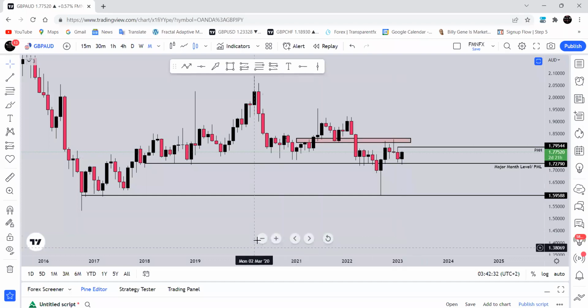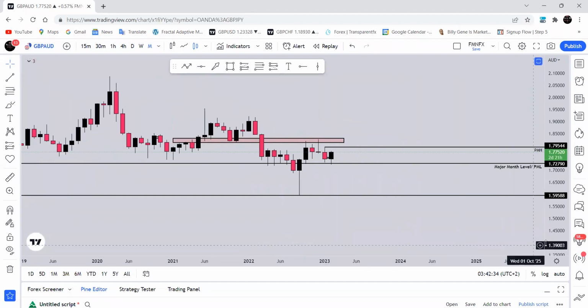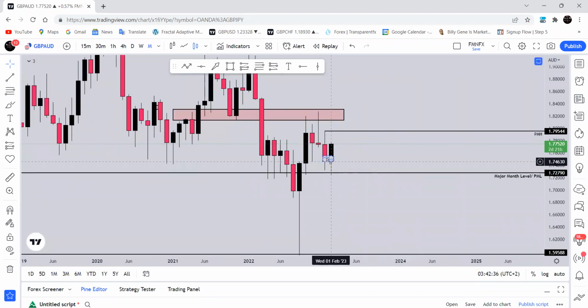All right, that's simple. From a directional bias, we're in a buy. It broke my previous month's high. Obviously, it's previous month's high and low. So that's that.